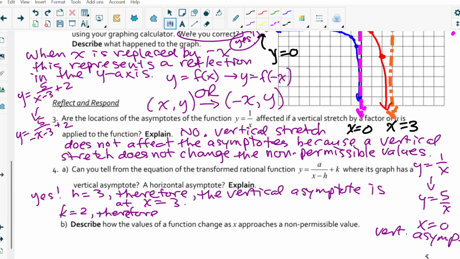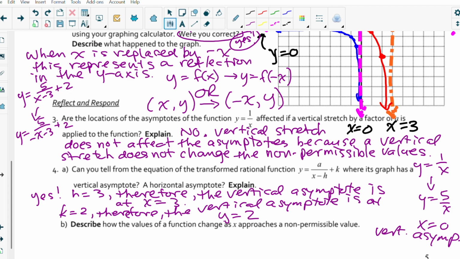Therefore, the horizontal asymptote is at y equals 2. Okay, so notice that the horizontal translation value, h equals 3, affects the vertical asymptote.